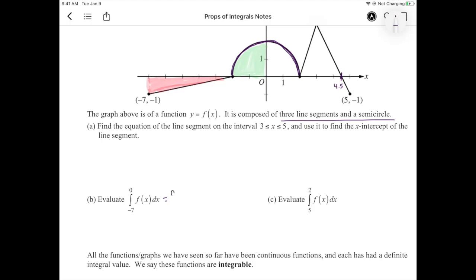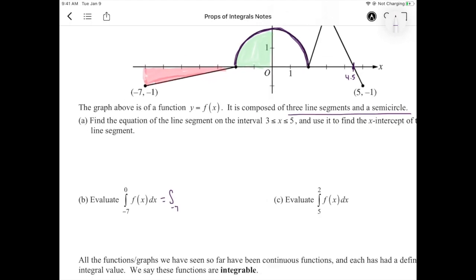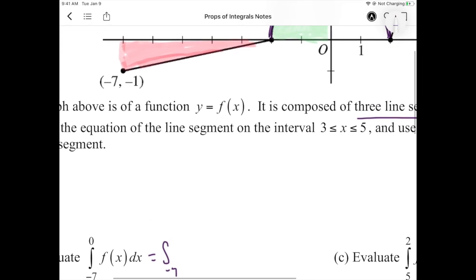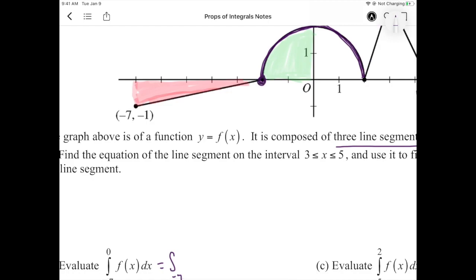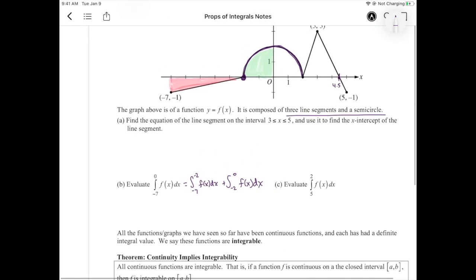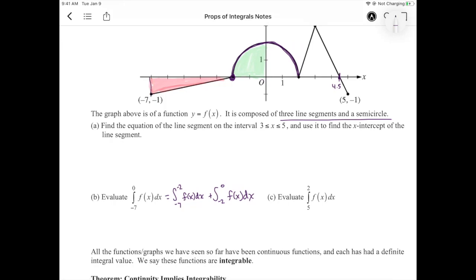I will, however, use the property where I kind of split them up into two. So I'm going to split it up from -7 to this point right here, -2, -7 to -2 of f of x dx, and I'm going to add it with -2 to 0 of f of x dx. And I'm just splitting those up because I can see I have one triangle right there, and then I have a quarter circle, and so I want to find those areas separately.